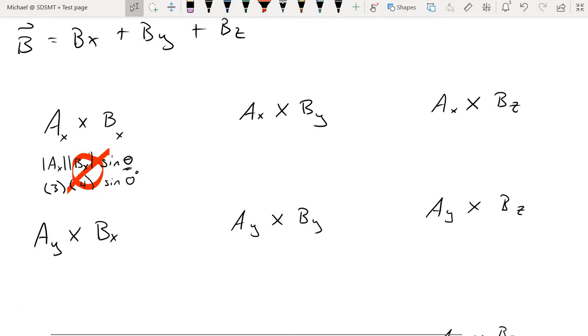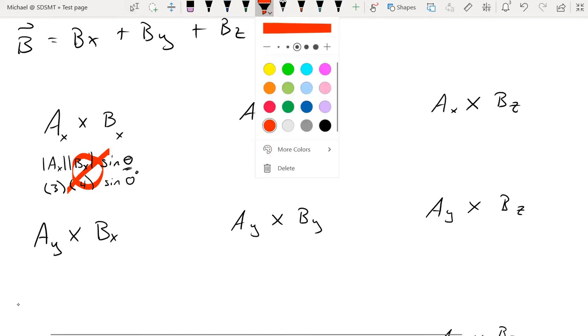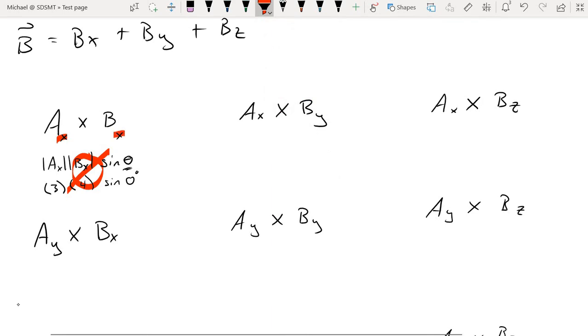And that is going to be the case for any cross product that has the same subscripts. So in this case, we had 2 components that were both in the x direction, and like we said, our 2 options for the x direction are either 0 or 180 degrees, but both of those result in a 0.